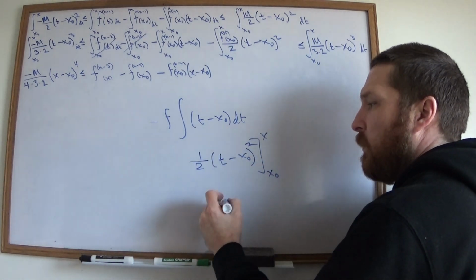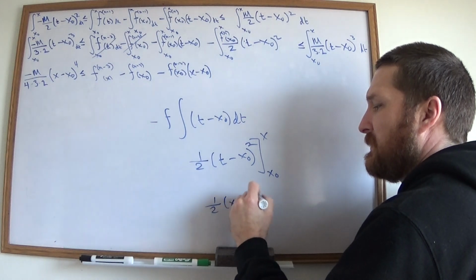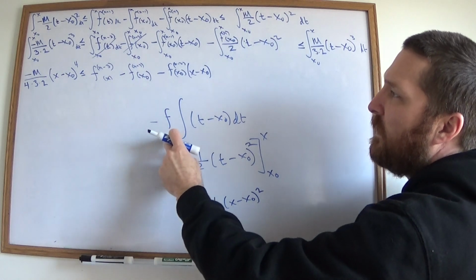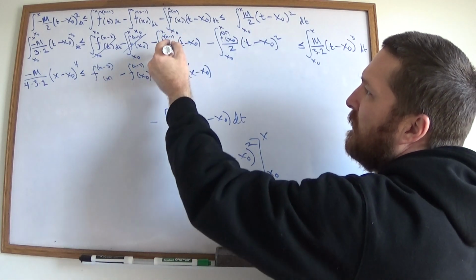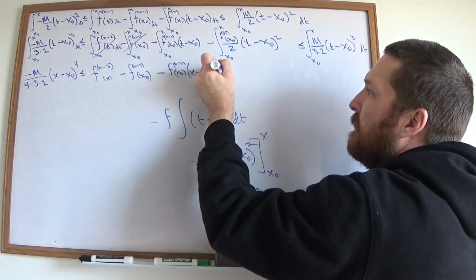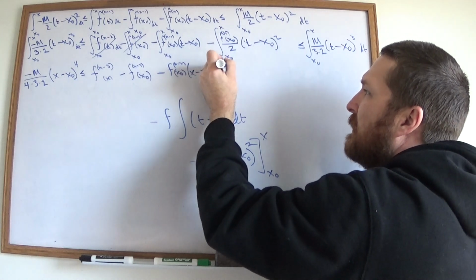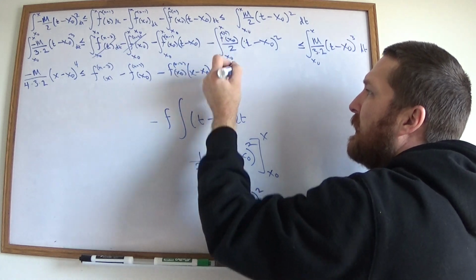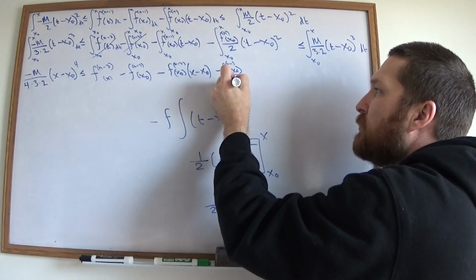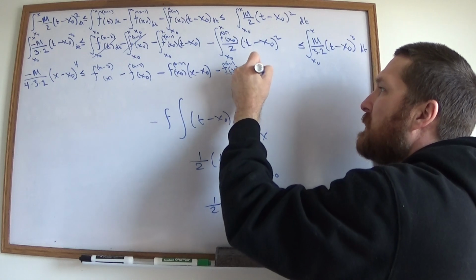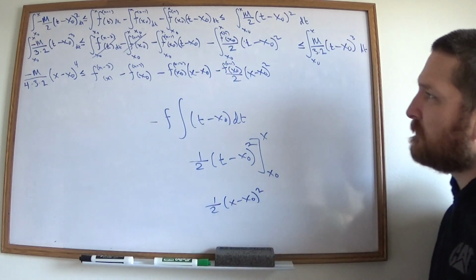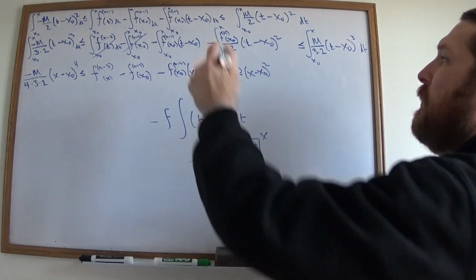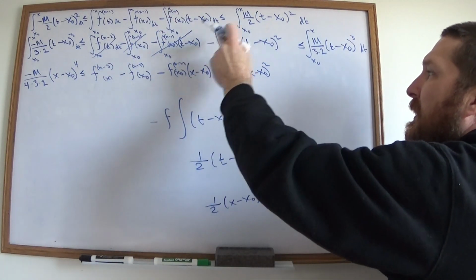So that would be 1/2 x minus x0 squared. X0 makes it go away. And so then we need that constant to come in. That's minus the n minus first derivative evaluated at x0 over 2 x minus x0 squared. That was that one. Got it.